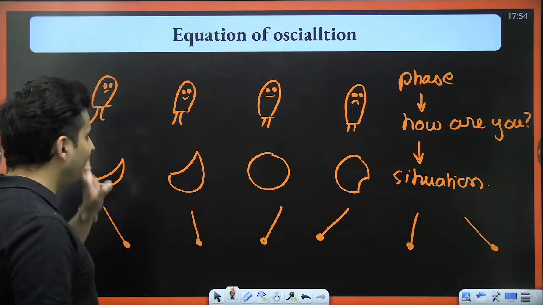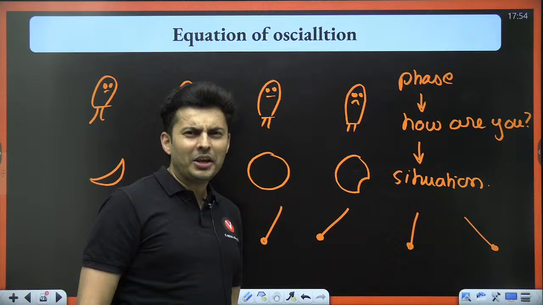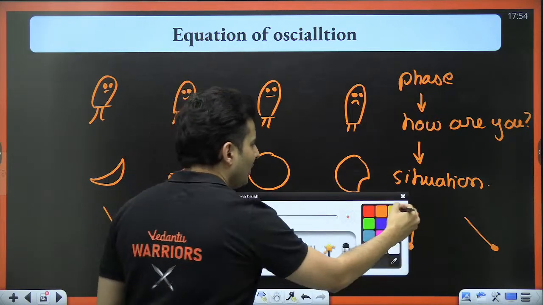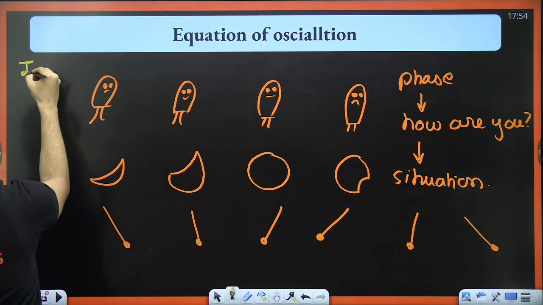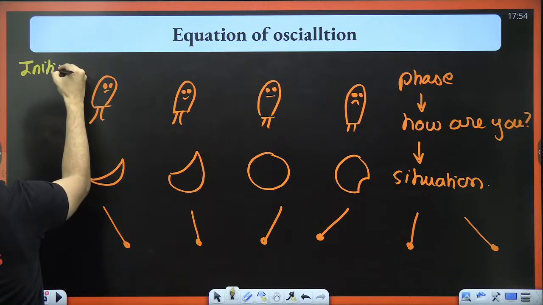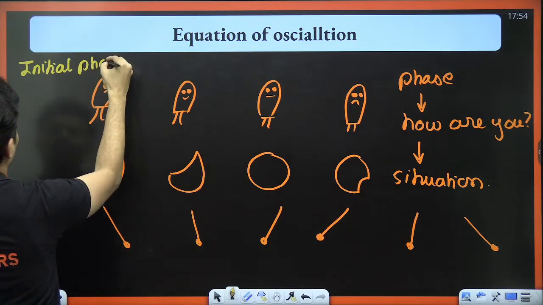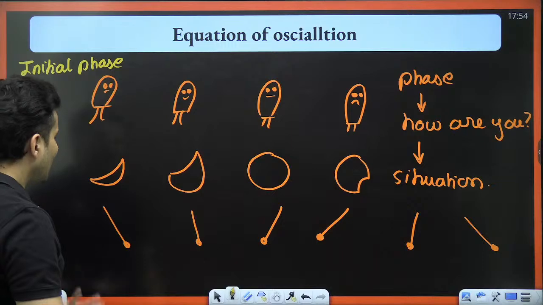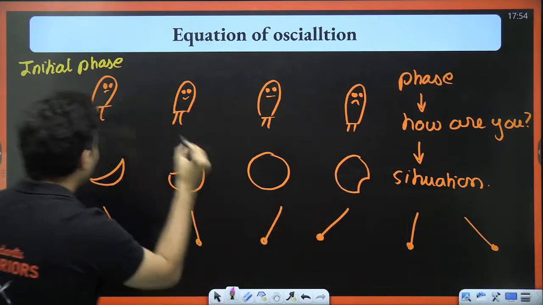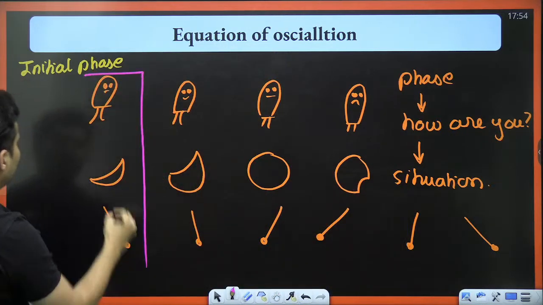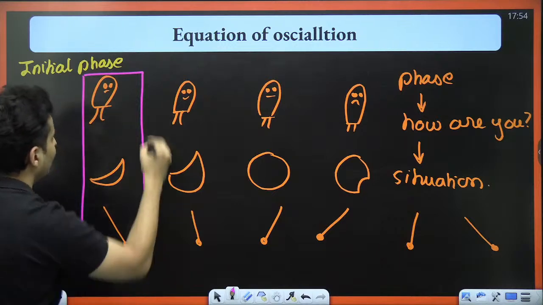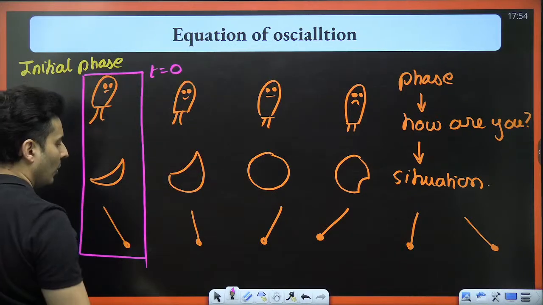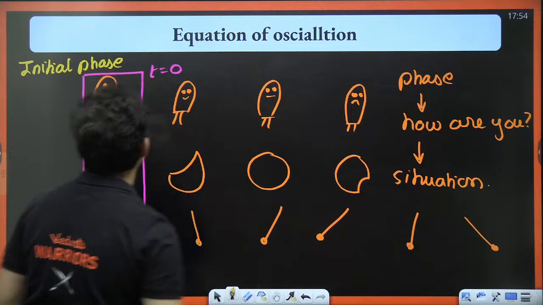Now, if phase tells you, how are you? Can you tell me what does initial phase mean? What do you think is the initial phase? Initial phase means when you began the time, when you just started, that means t is equal to 0, at that time how were you?